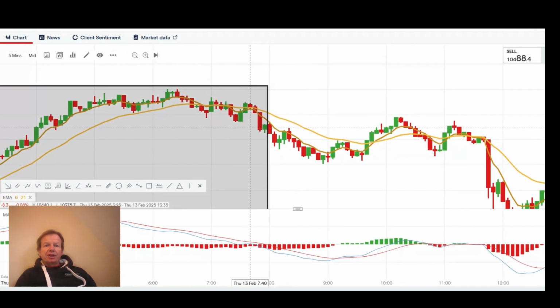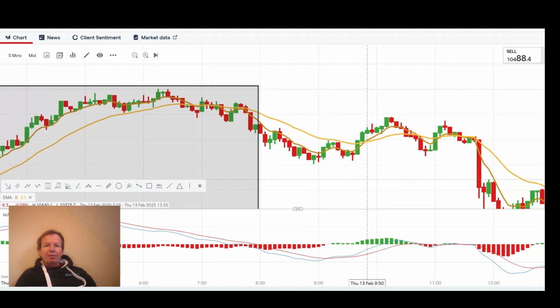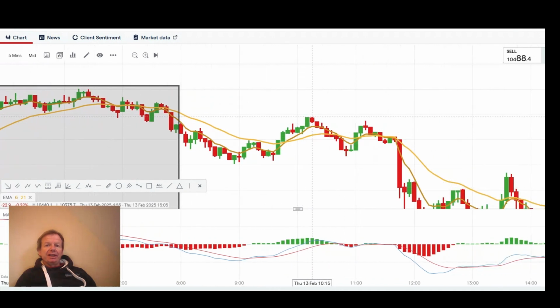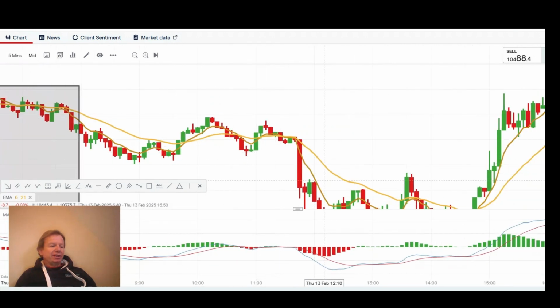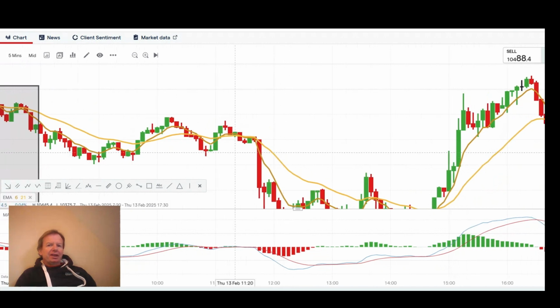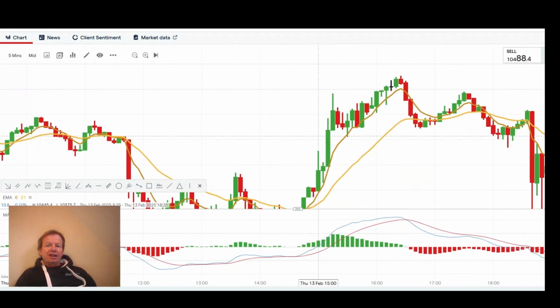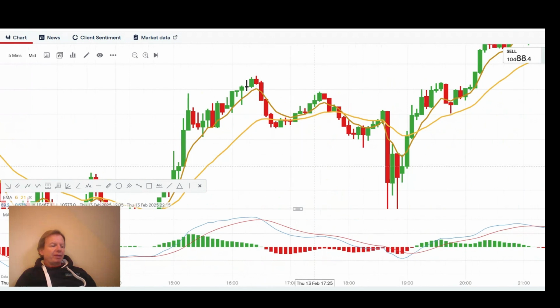My mistake was I should have got in about here, at 7:50, but I was waiting for the open, and I would have got my 242. It came down to 10.08, so about 30 pips. What happened was I waited for it to cross back over, and then it didn't go anywhere, and you can see it nosedived. So I just cut my losses to about break even.